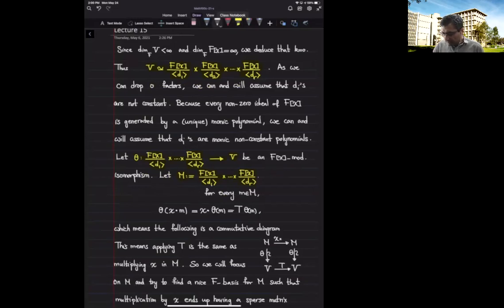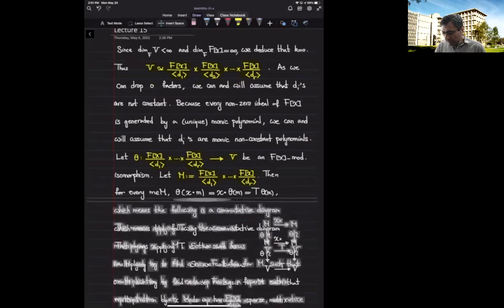Because theta is an F[x]-module isomorphism, for every m that I give you inside the left-hand side, capital M, theta applied to x dot m should give us x dot theta of m. What does that mean? This means that the following diagram is indeed a commutative diagram.